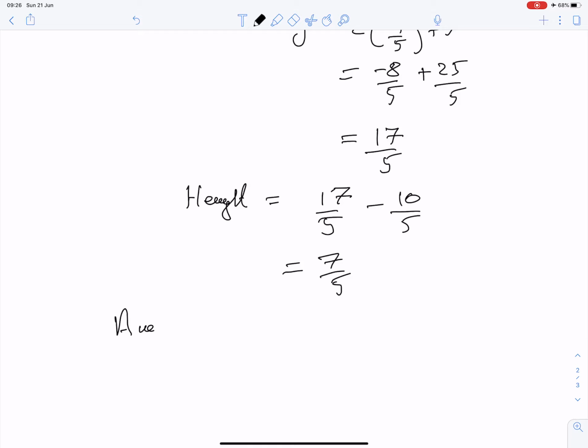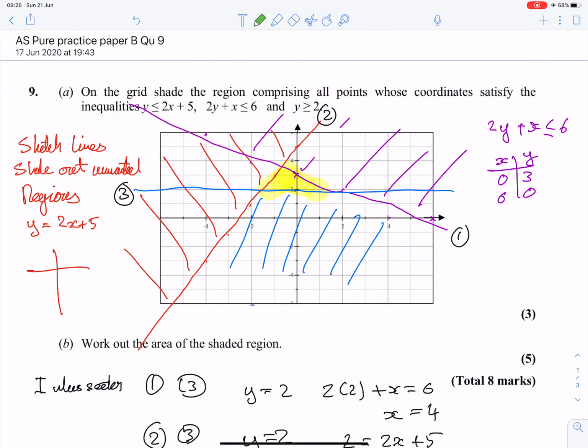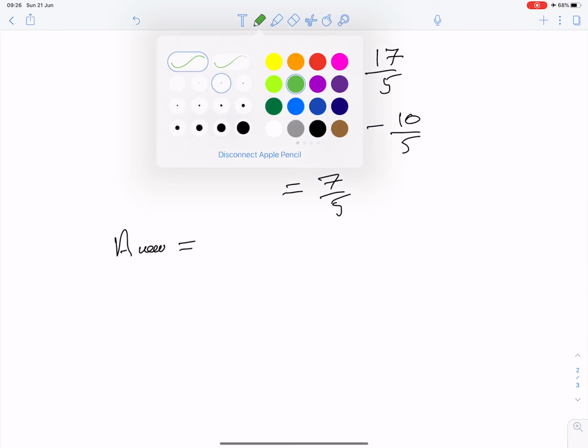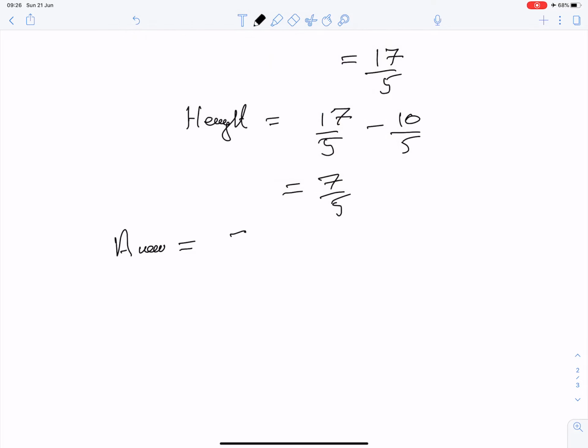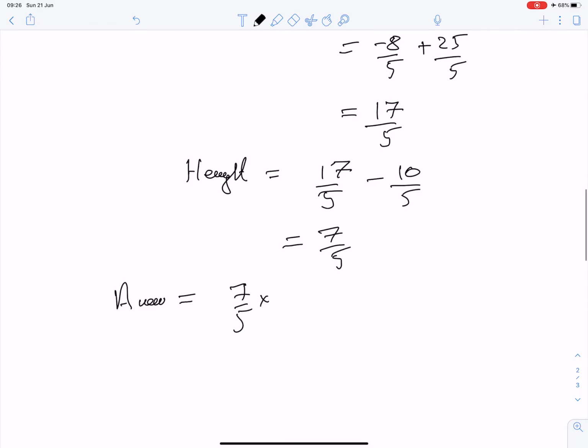So the area is equal to 7 over 5 times, what was the base? 11 over 2, times a half. So we get 77 over 20 units squared.